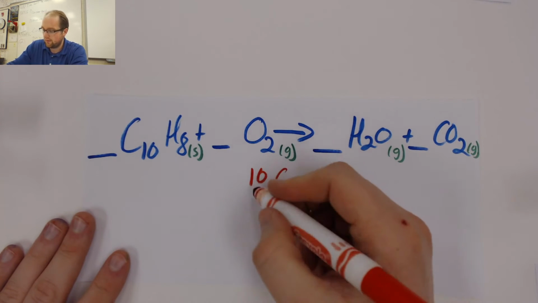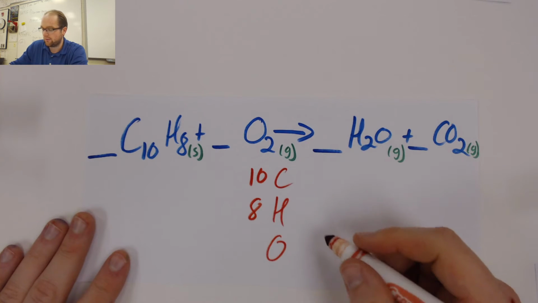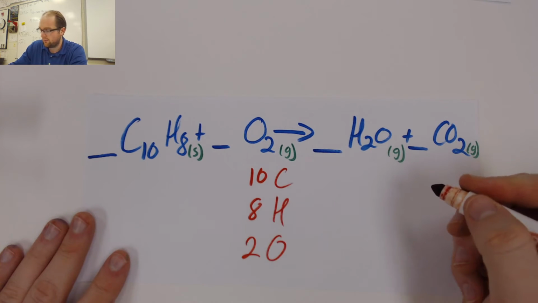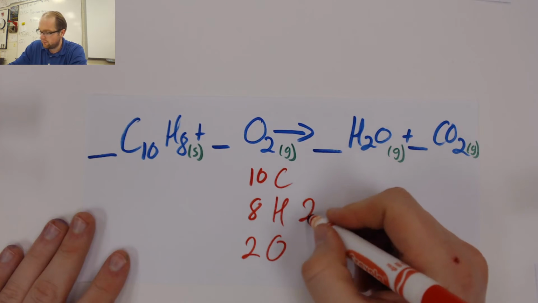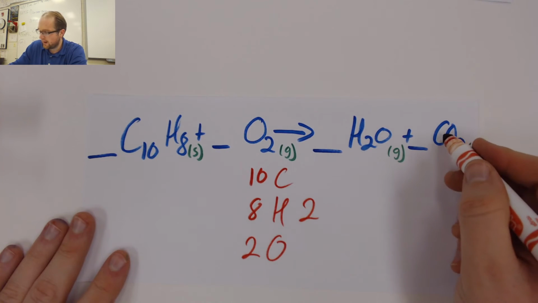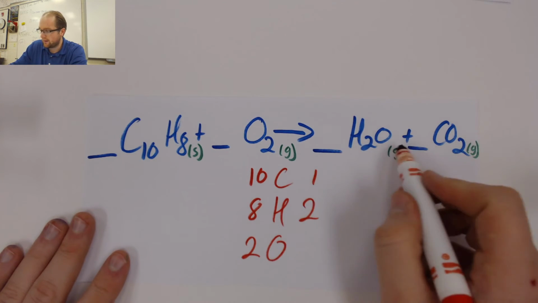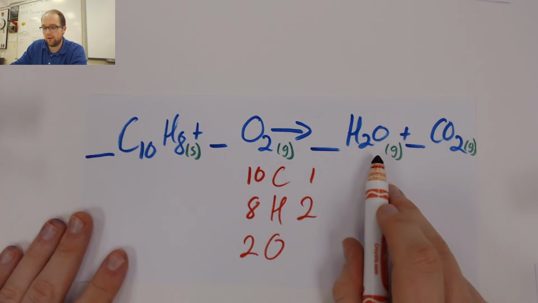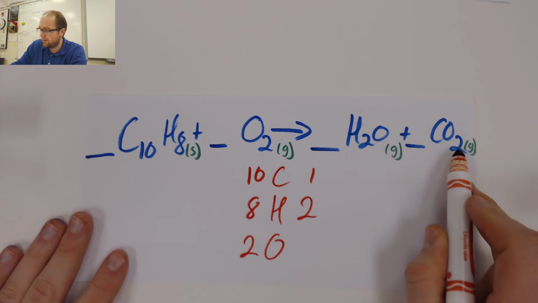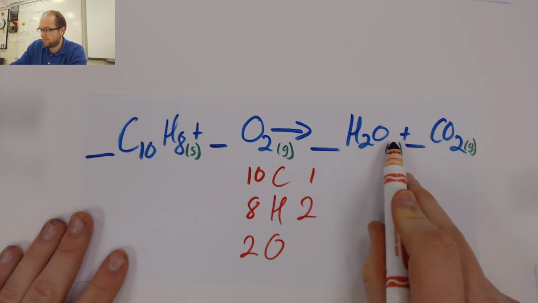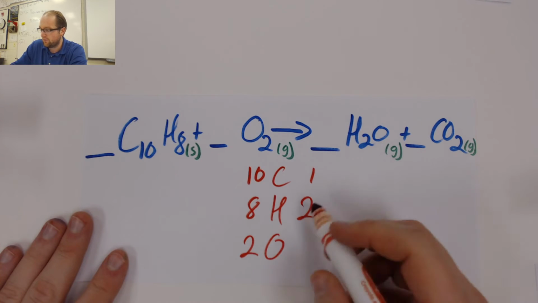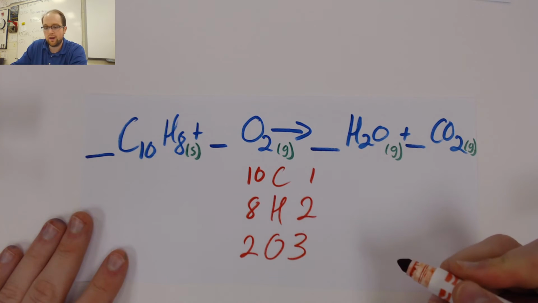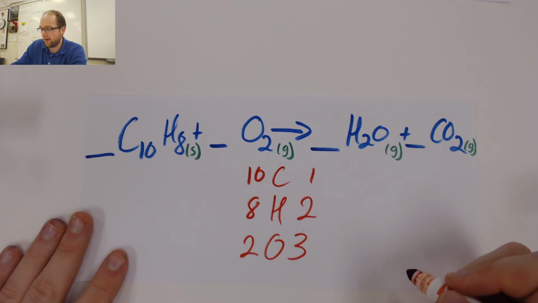I have 10 carbons and 8 hydrogens to start. Over here I have 2 hydrogens and 1 carbon. Now you've got to be careful, because here's a tricky one where we have an oxygen here and 2 oxygens here. Since these are added together, I have 1 plus 2, 3 oxygens total on the right-hand side.